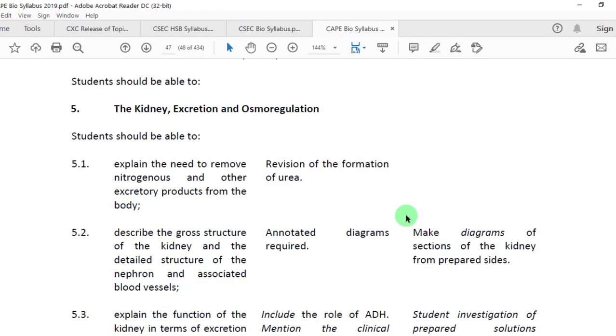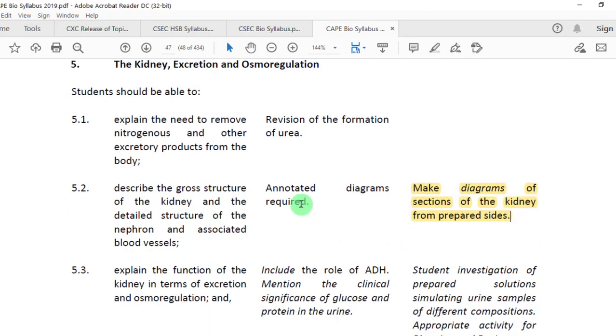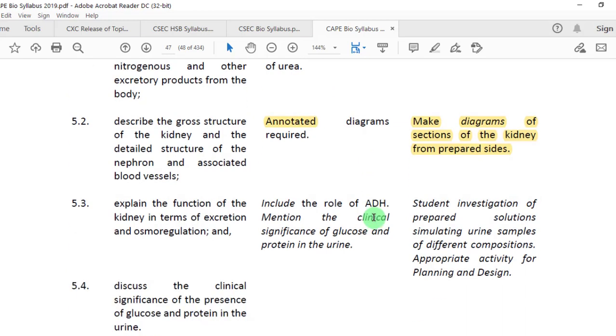So kidney excretion and osmotic regulation. And by now, because I've been saying it a million times, these are your areas of emphasis. Diagrams, annotated diagrams. Make sure that you're comfortable with making annotated diagrams. What's an annotated diagram?